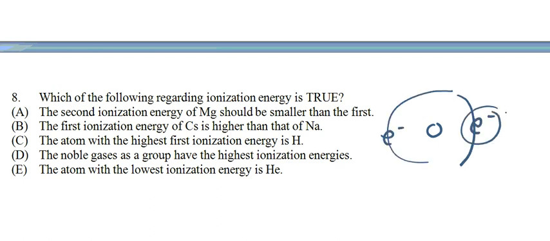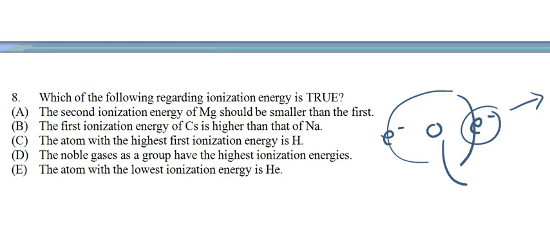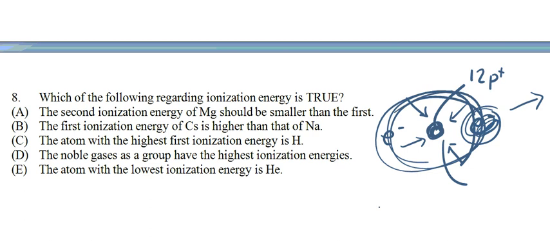If I take one of these electrons away, I still have, I believe there's 12 protons. Let me double check. Yeah, there's 12 protons. So I still have 12 positive charges. One of these electrons takes off. Now I only have 11 electrons. And these electrons get pulled in just a little more tightly, because now I have more of a positive influence than an overall negative influence.